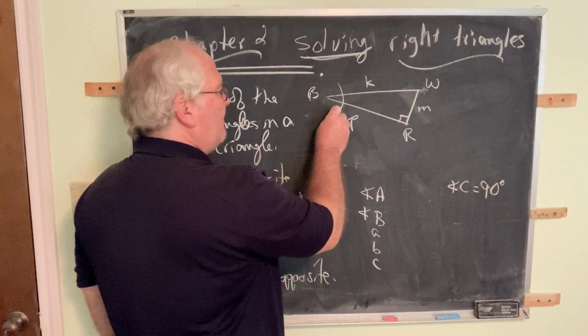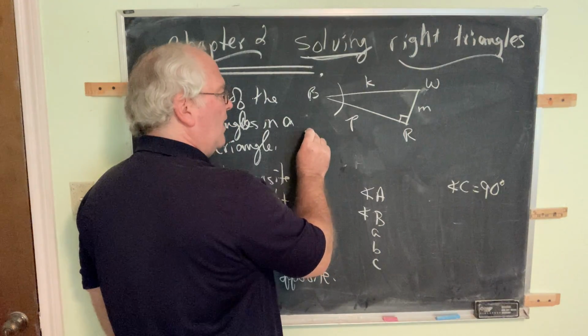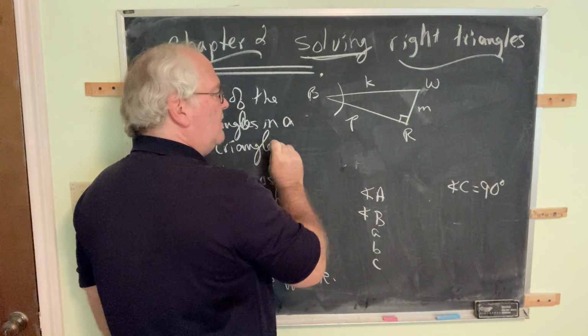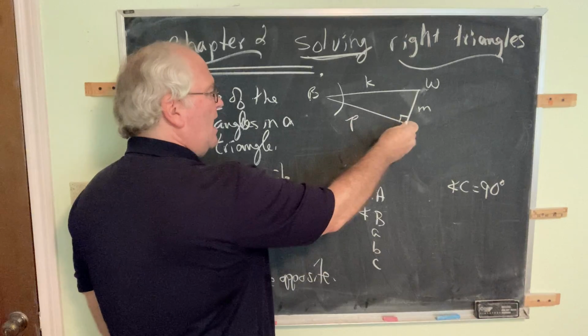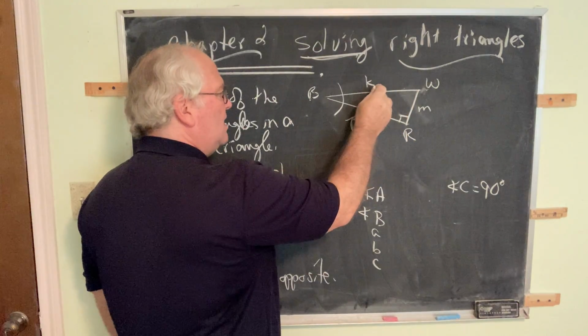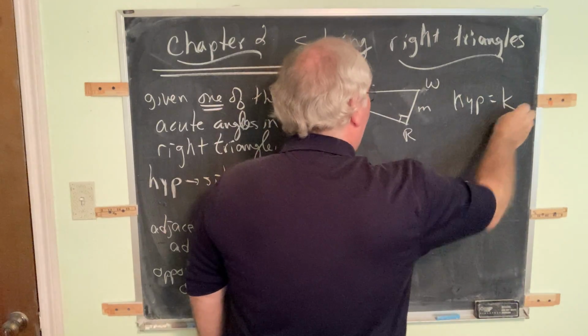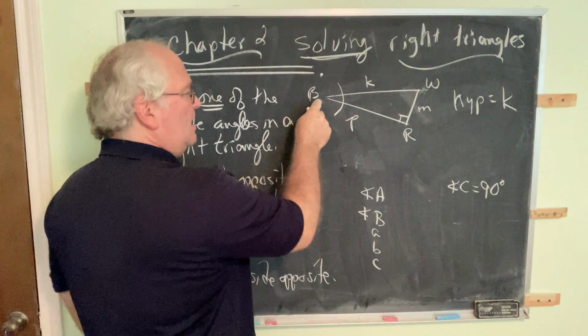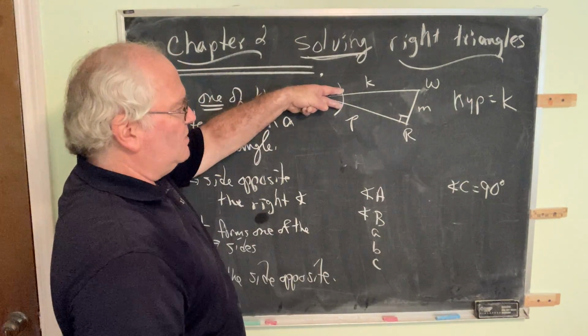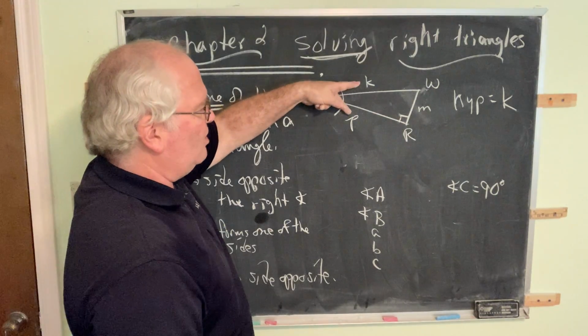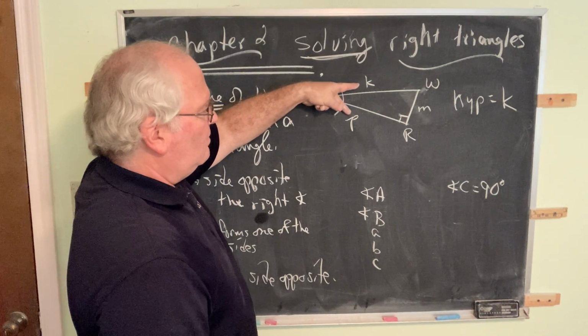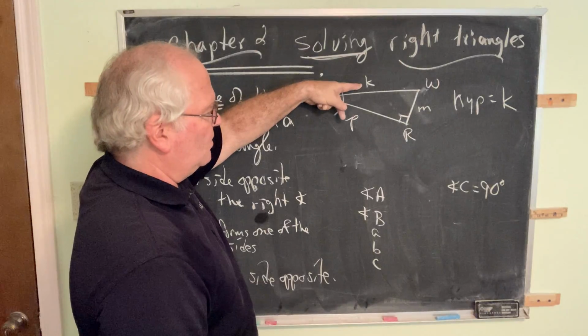From the perspective of angle B, which is the hypotenuse? Well, the hypotenuse is the side opposite the right angle. The hypotenuse is K. From angle B, which side is adjacent? Well, which is it, K or P? K is the hypotenuse, it's already spoken for.